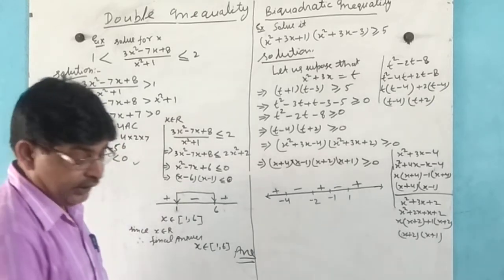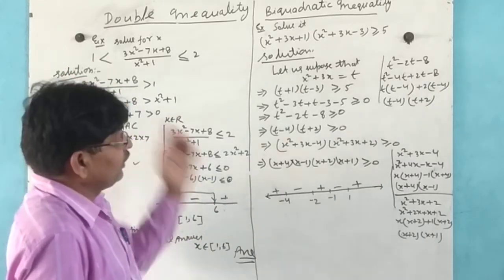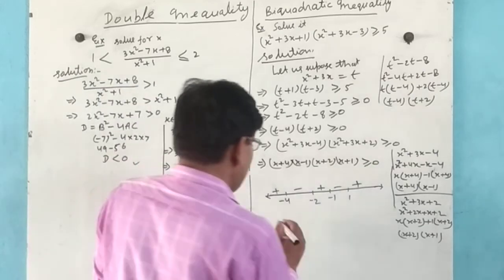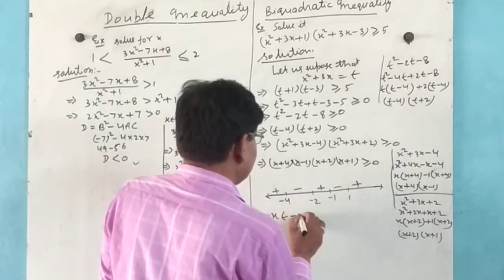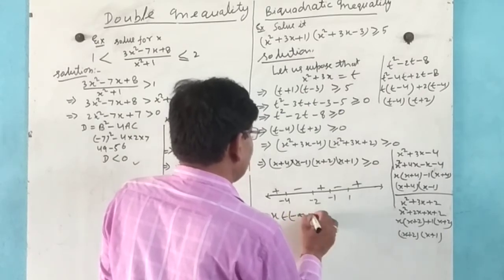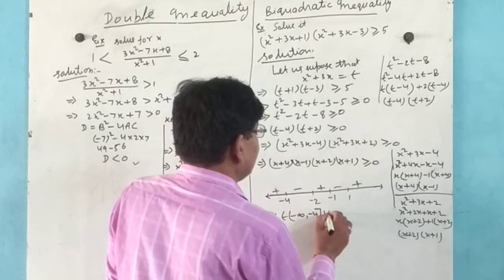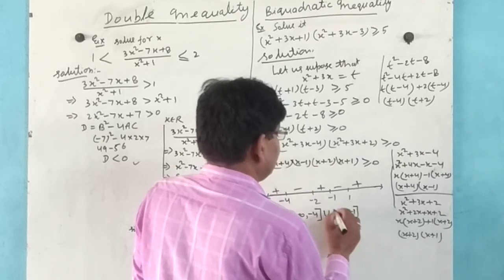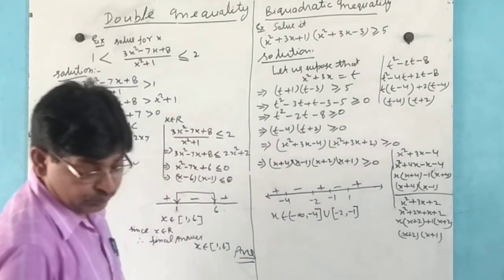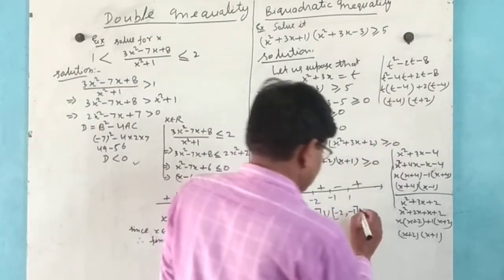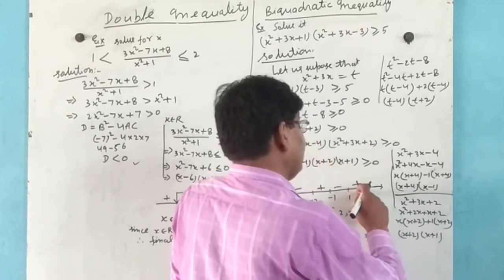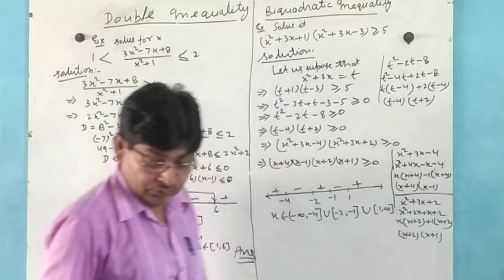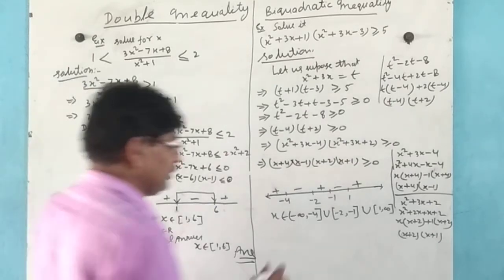Now x belongs to minus infinity to minus 4, union minus 2 to minus 1, and this union 1 to infinity. This is our answer.